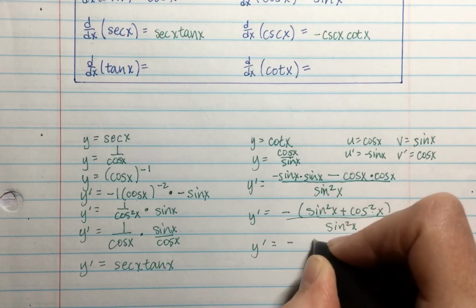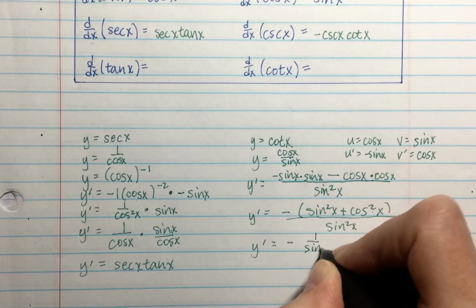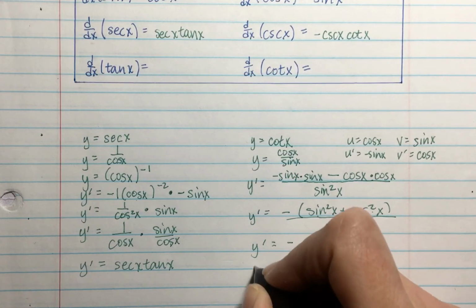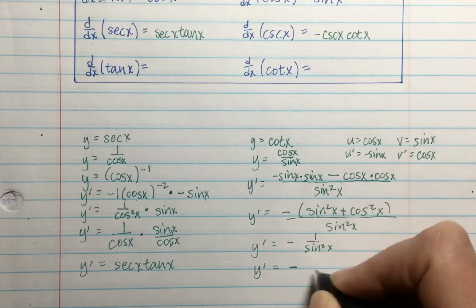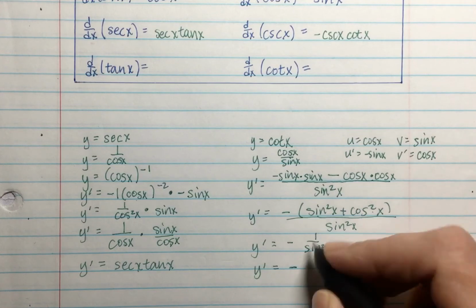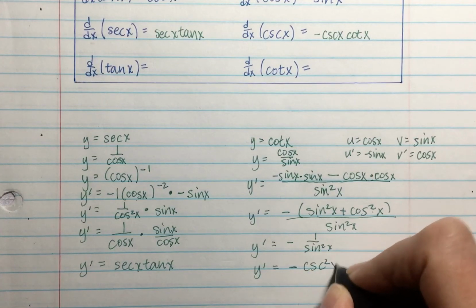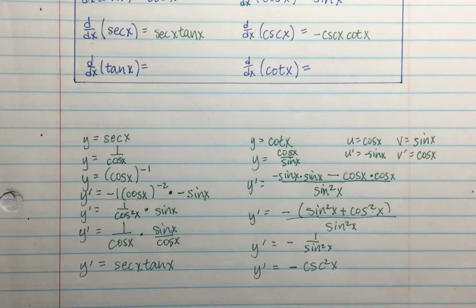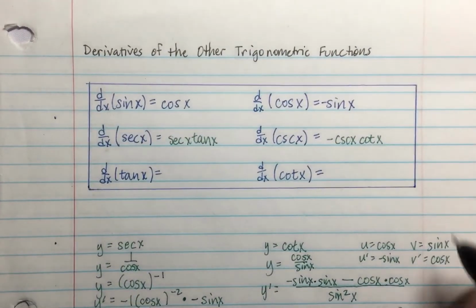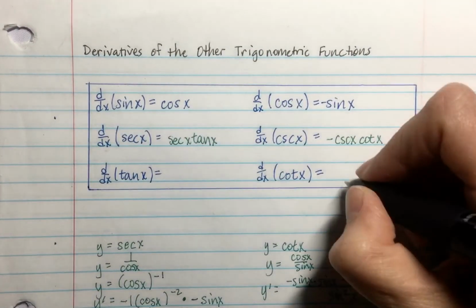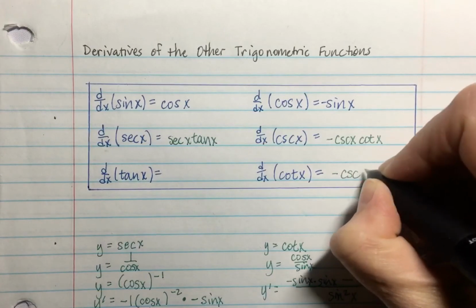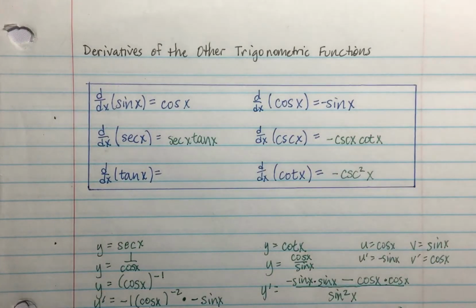So we have negative 1 over sine squared x, which is negative cosecant squared x. So our derivative of cotangent x, which is what we just did there, is negative cosecant squared x.